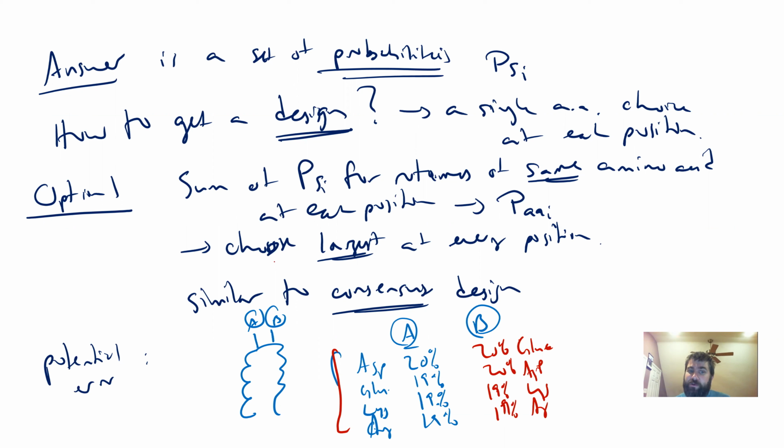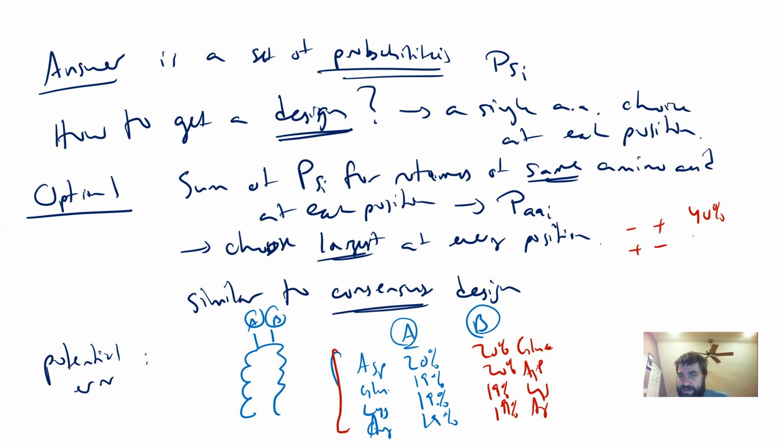If we were to go the consensus design route, what really is happening here is that in all of the designs, we often have a negative and a plus, or a plus and a negative. And almost 40% of the time, we're getting either aspartate or glutamate.